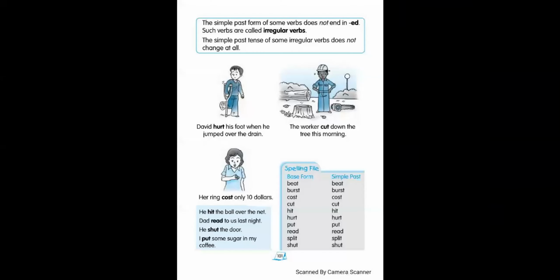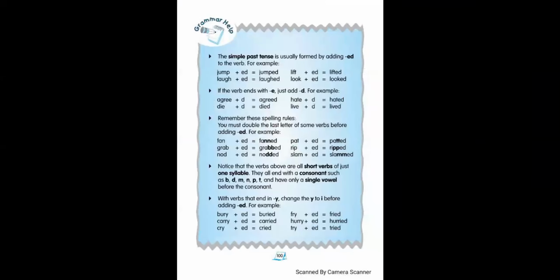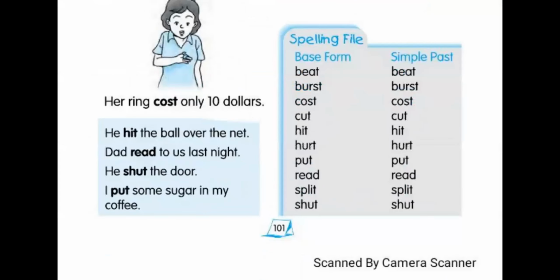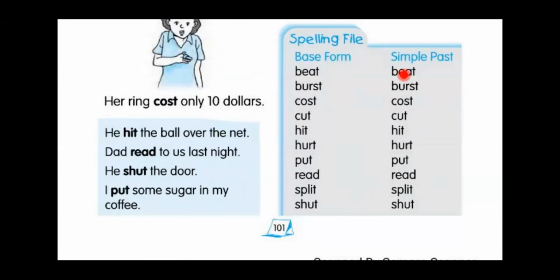Now let's see irregular verbs. Okay, regular verbs तो आपने देख लिया, right? जब हम ed लगाएंगे regular verbs. Okay, when we add ed, they are called regular verbs. Now see these kinds of words. Beat, beat. Burst, burst.